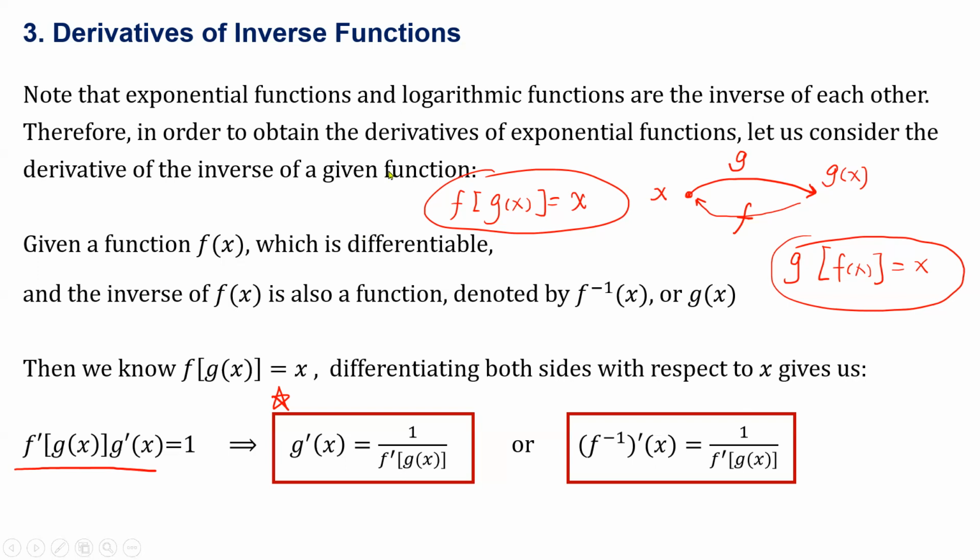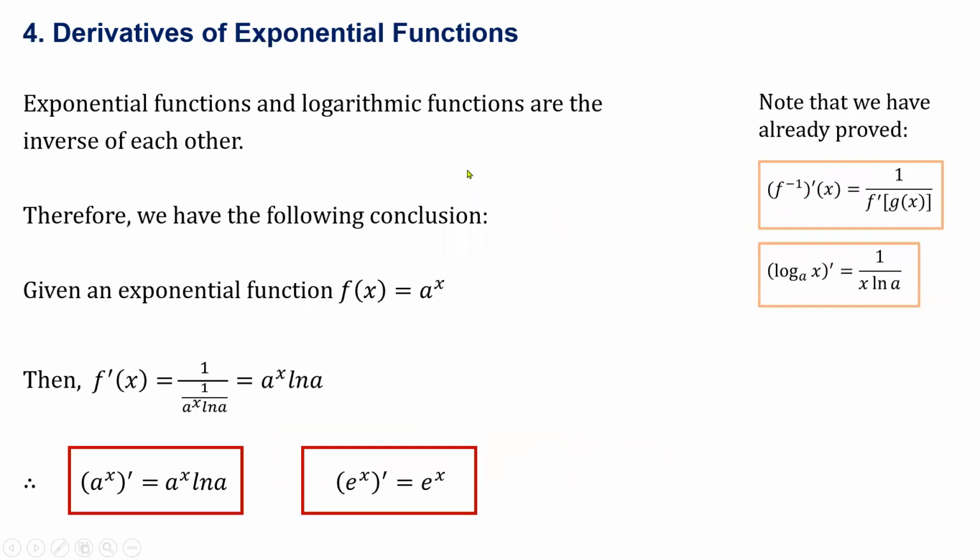Okay, if you finish, let's have a look at the derivatives of exponential functions. First, let's note that we have already proved these two things, right? The derivative of a logarithmic function log base a of x equals 1 over x times ln a.